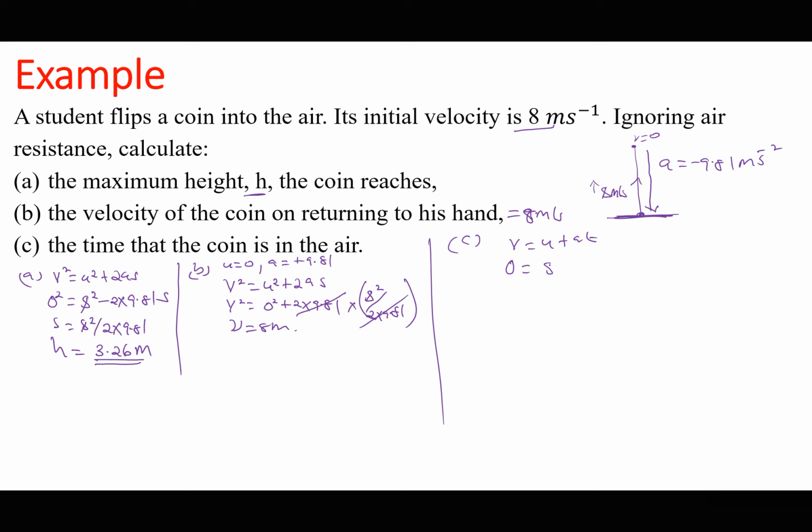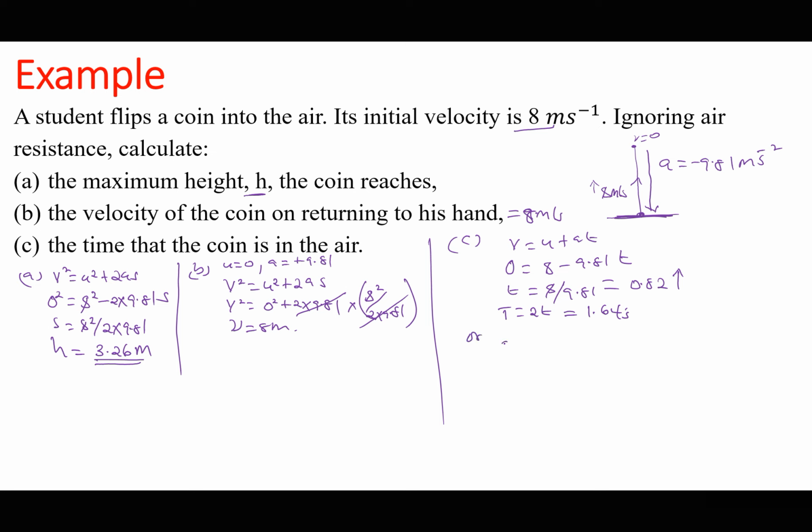Initial velocity was 8, minus 9.81 times t, which gives us the value of t as 8 divided by 9.81, which is 0.82. So this was going upwards. So the total time is going to be twice t, which would be, I think, 1.64 seconds.